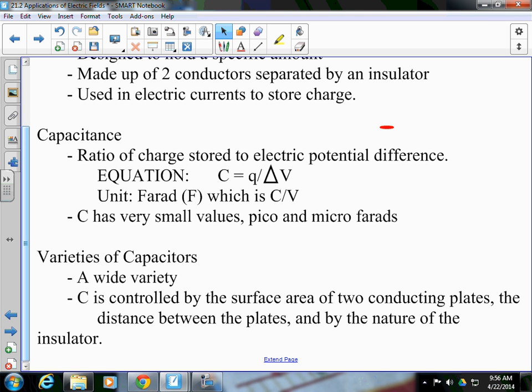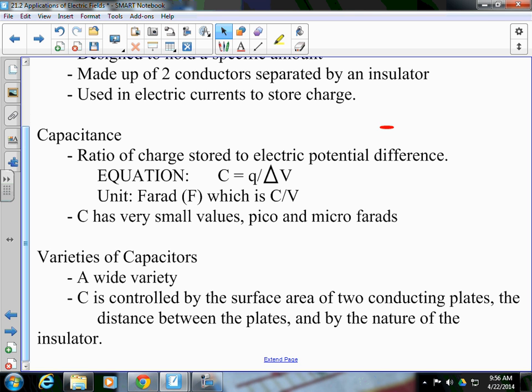So sometimes we will see micro, 10 to the negative 6th, or pico, 10 to the negative 12th farads. Nano would be 10 to the negative 9th. So the unit for capacitance is a farad. Q is a test charge, coulombs, and voltage is in volts.